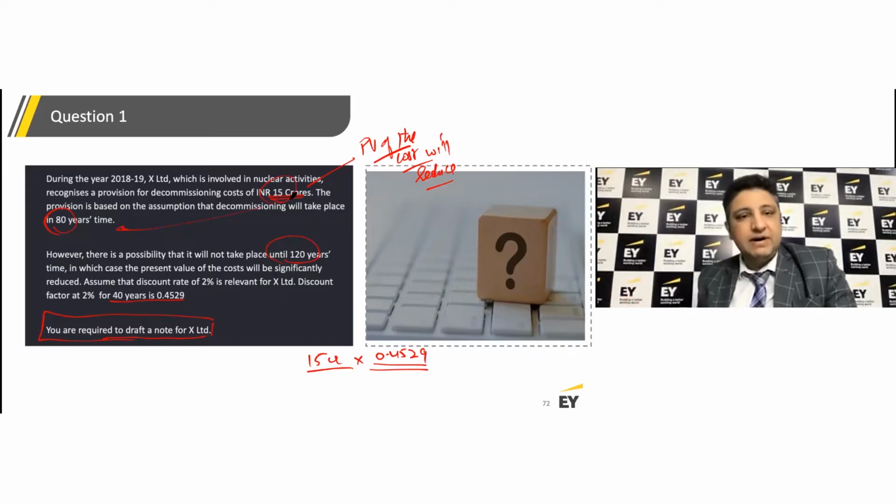So naturally the value would be reduced further. When you look at this calculation, let's use a calculator here. This comes at 6.8 crores approximately. We are good to use that figure in this calculation.